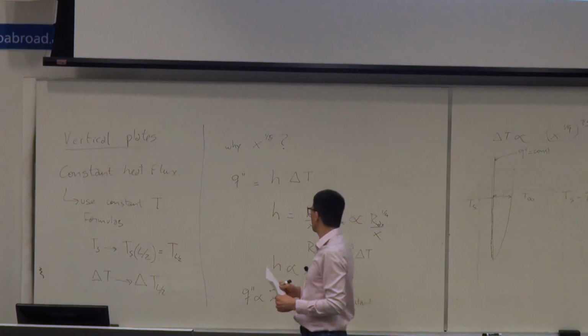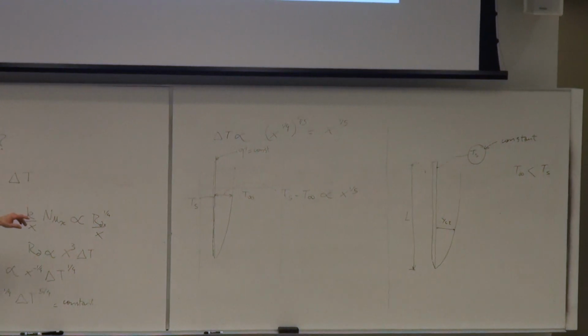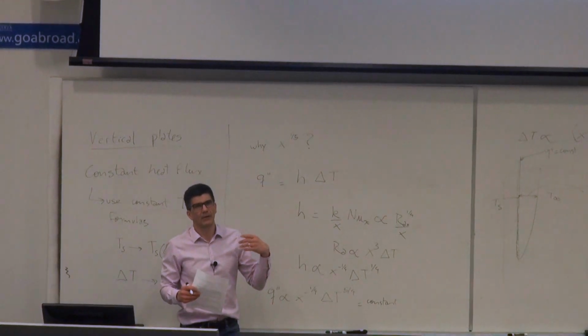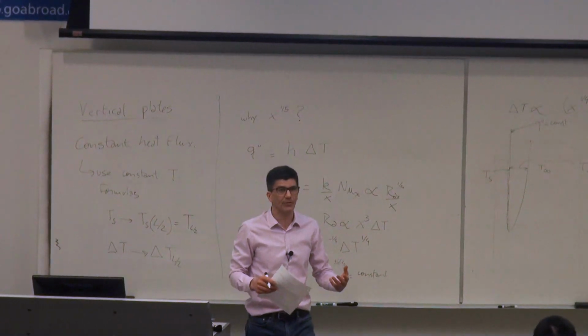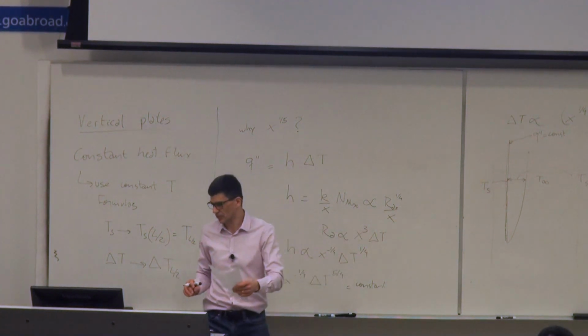I just wanted to go through this because it puts together these issues of Rayleigh. The book doesn't say, but when they assume Rayleigh to the 1/4 for the Nusselt number, they're assuming laminar. They don't say, but it's not for turbulent.